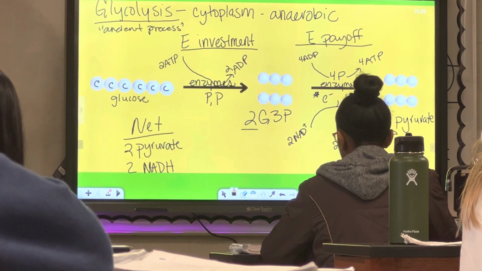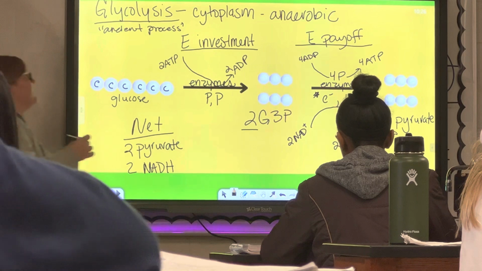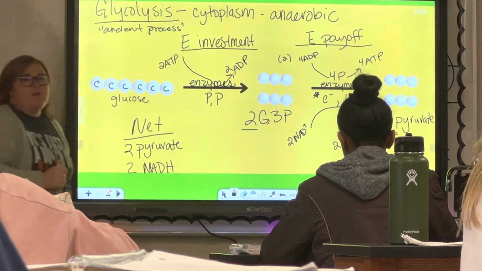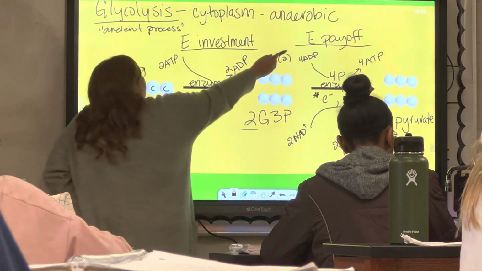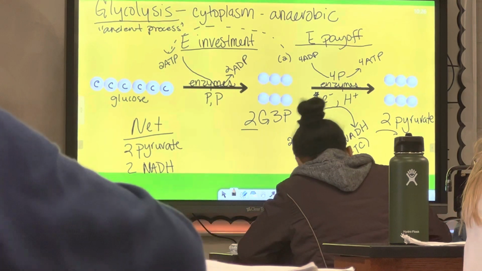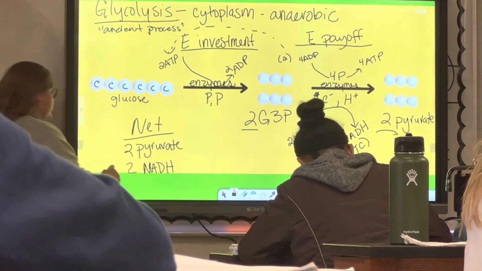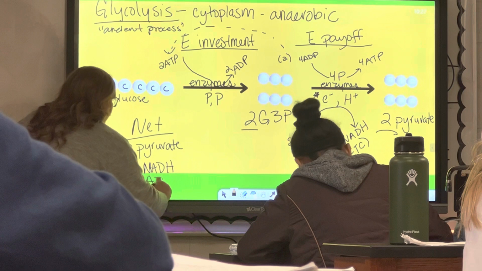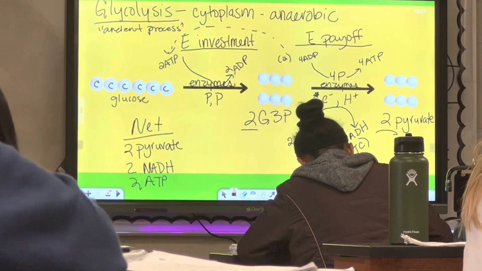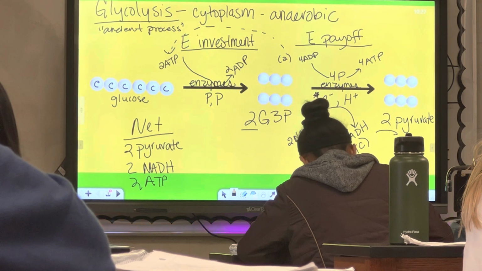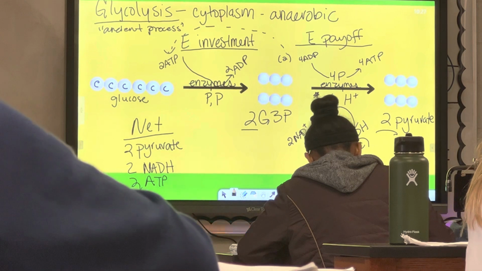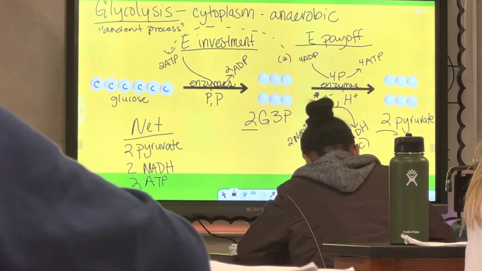Why is it 2? Because 2 of these that get made over here have to come right back over here into energy investment. So we're only getting out of it 2 ATP. And those ATP are gonna go to the bank. They're gonna get stored. Now, is the bank a real place? No. It's just getting held onto for the cell for any process that could take place that would need ATP.